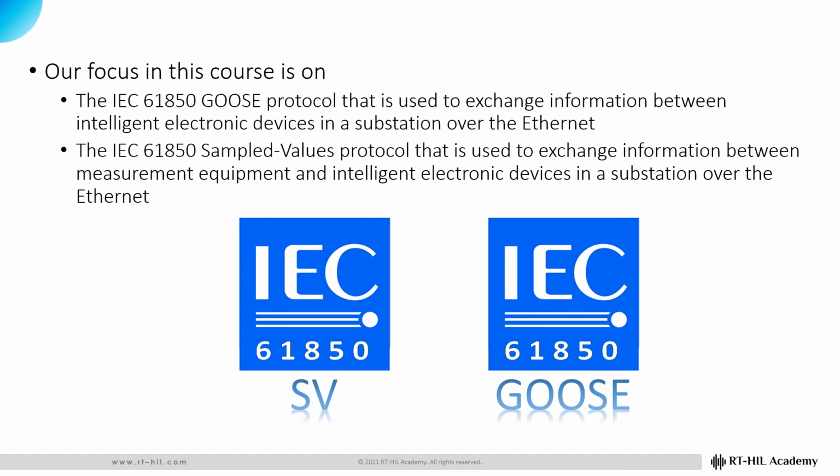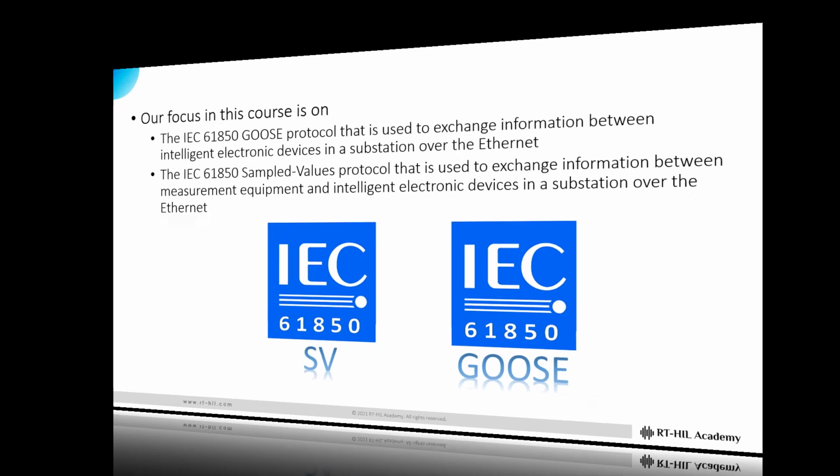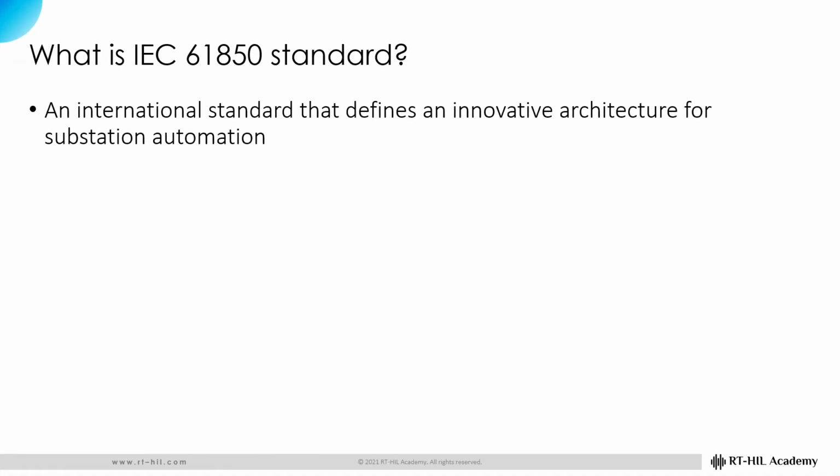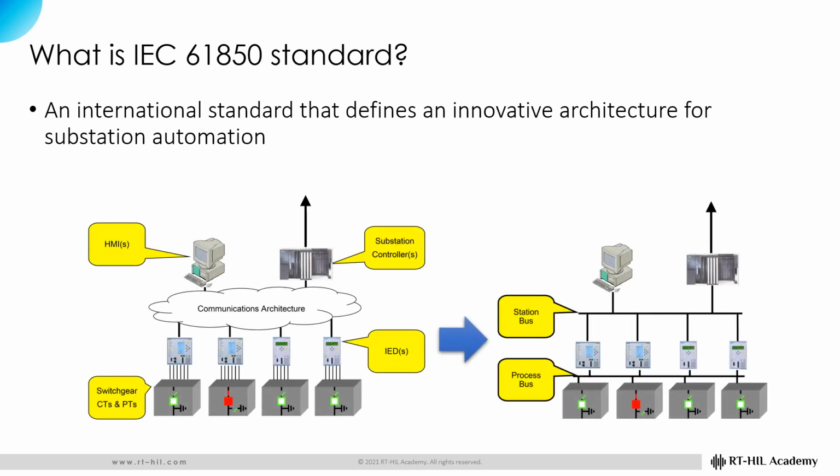However, before talking about these two protocols, let's quickly review the IEC 61850 standard. So what is the IEC 61850 standard? Introduced by the International Electrotechnical Commission or IEC, the IEC 61850 standard is an international standard that defines an innovative architecture for substation automation.